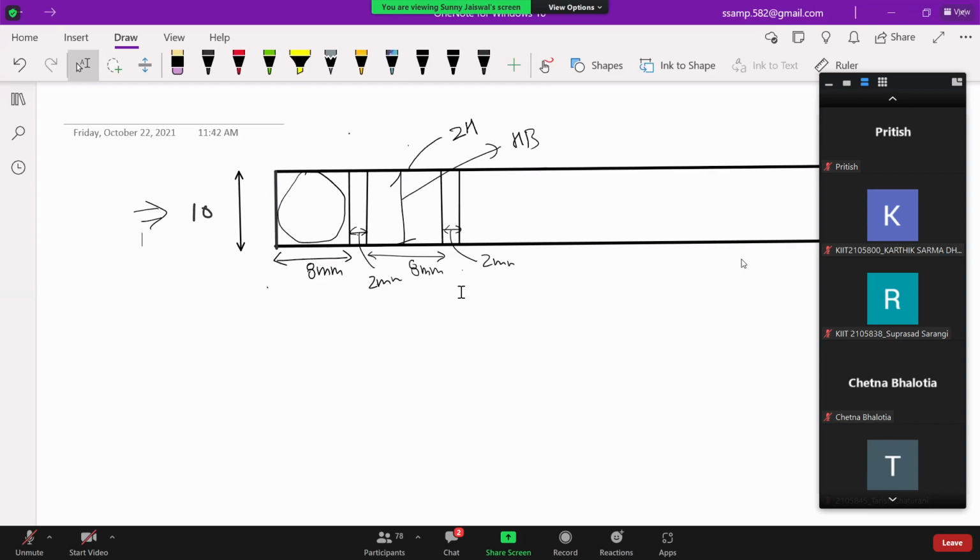So next question, you see now. I am sending you one question sheet, all the sheets in PDF. See your WhatsApp group. I have sent one PDF.